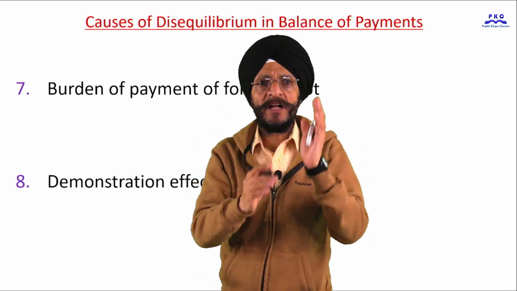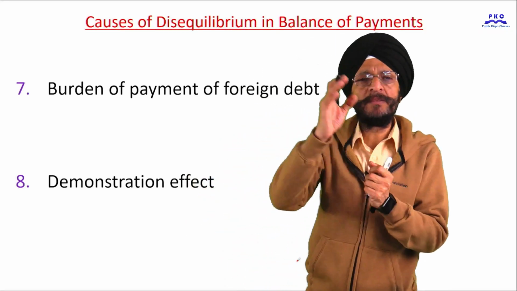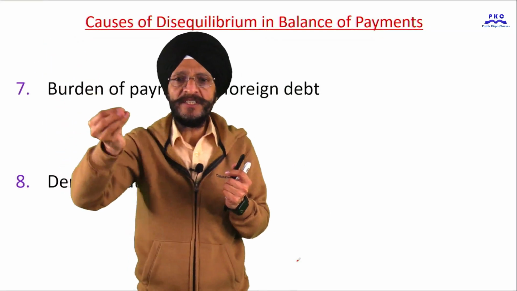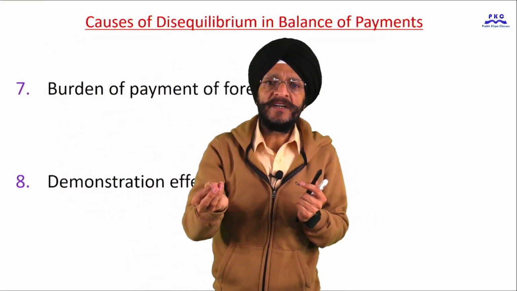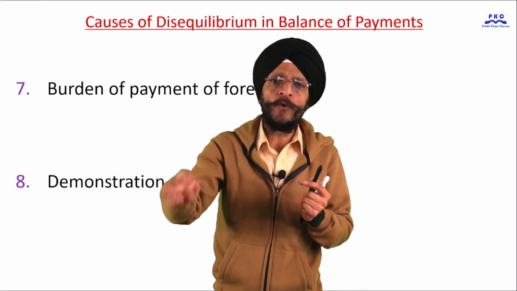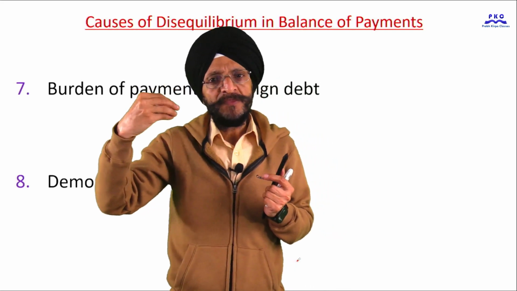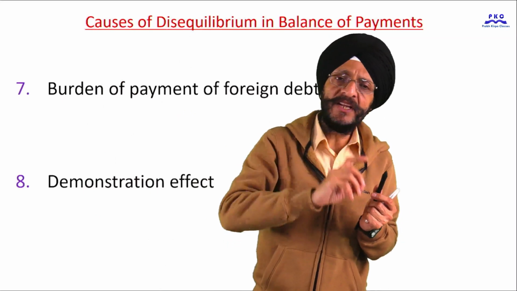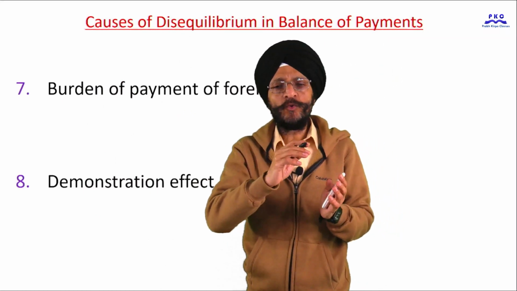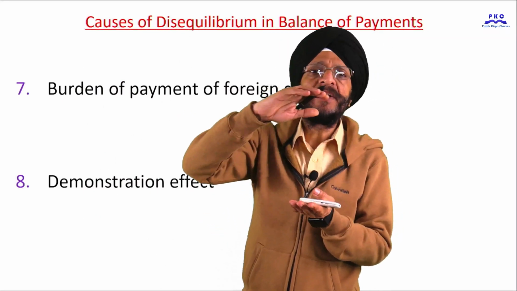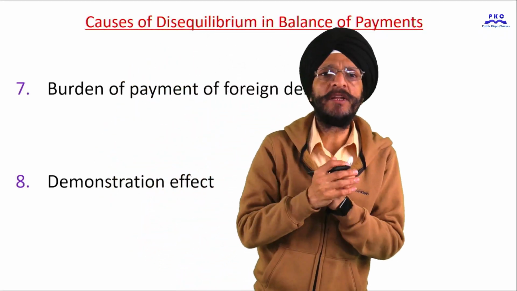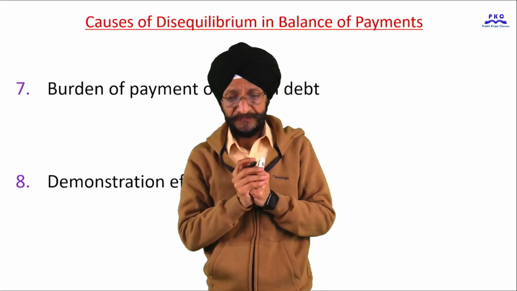So it may also result into disequilibrium in balance of payments, as foreign exchange which the country is receiving by way of exports, imports, or unilateral transfer or some other means, it may be less, whereas the country may have to make a very big payment of foreign debt, which results into disequilibrium in balance of payments.